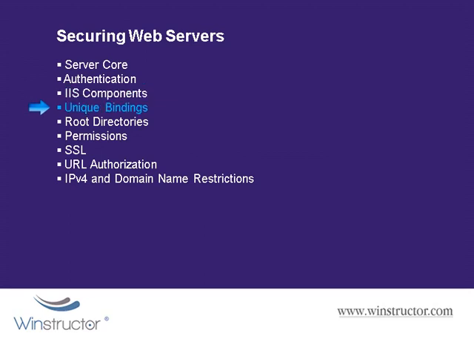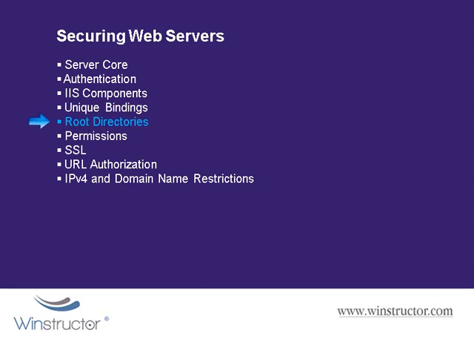By configuring a unique binding as well, this can prevent IIS from listening on all of the IP addresses that are configured on the server. This means that we can also configure IIS to respond only to requests for a specific host name and not a blanket response to anything that attempts to contact port 80. And that's going to prevent attacks that try to iterate through a range of IP addresses, so we're going to see how we can configure this as well.